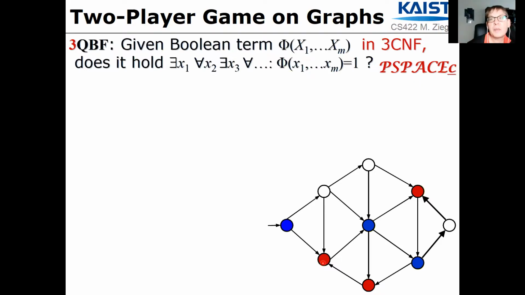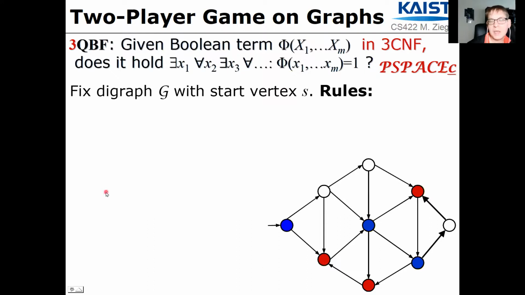The decision problem is the following: given such a directed graph with the designated vertex already marked in blue, does the player have a winning strategy? So let's write that again. So we have a directed graph with a designated start vertex.